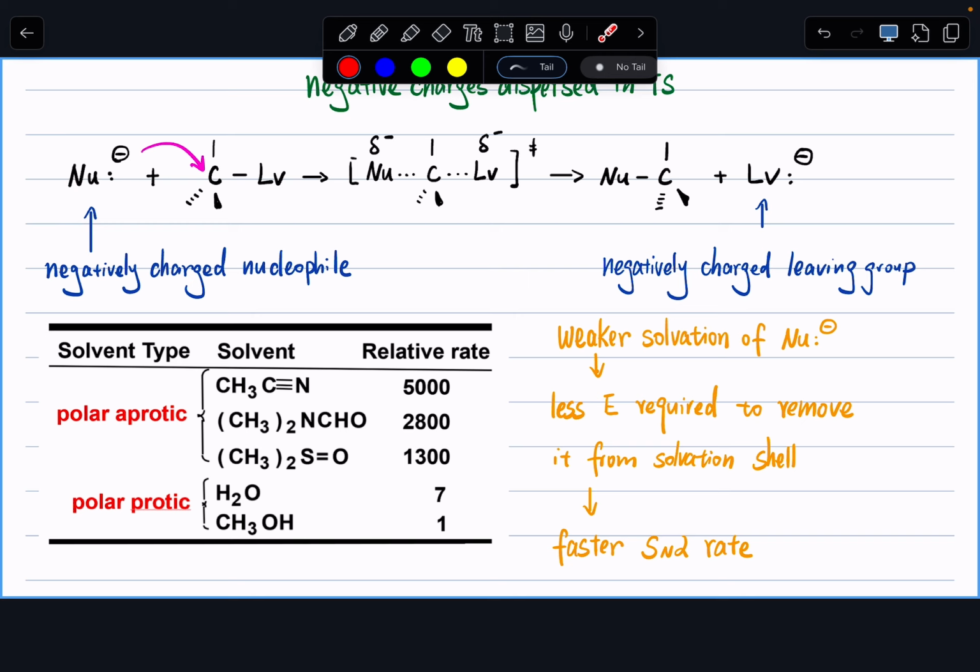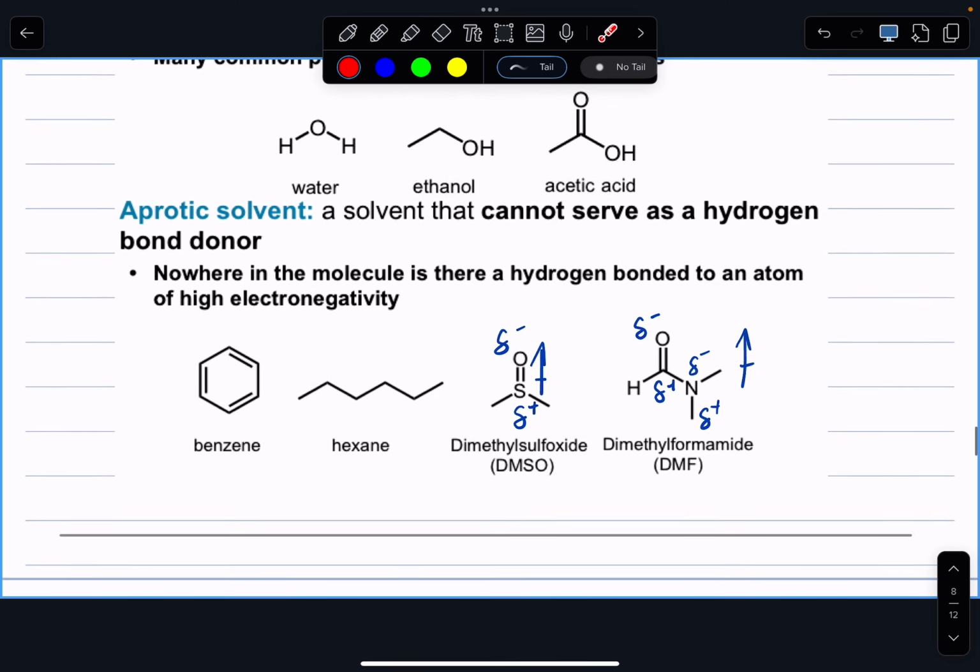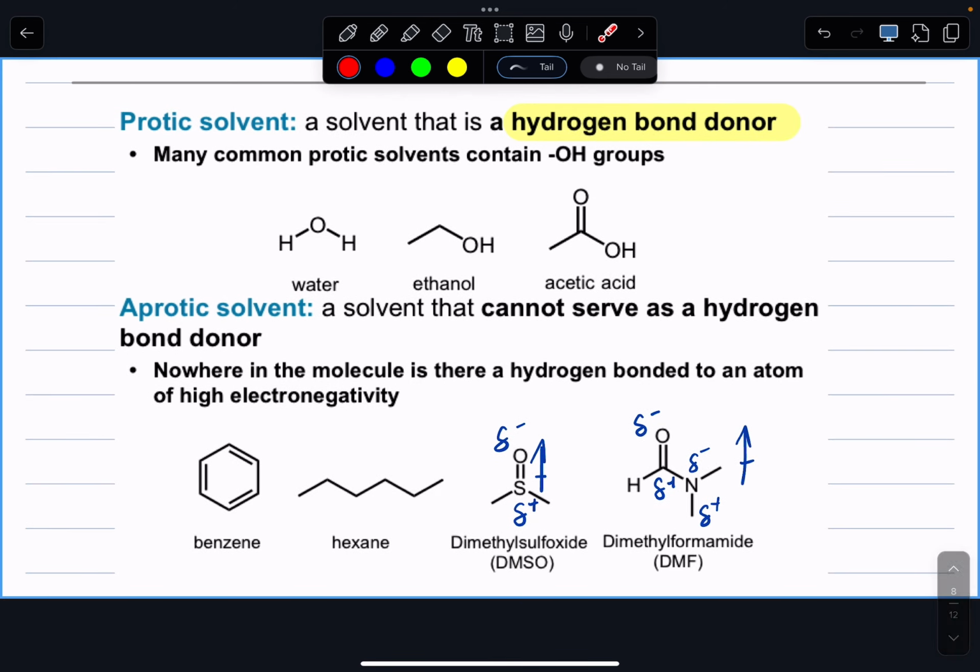Just clarifying, if there is an overall dipole moment, it's always going to be aprotic? What's that? If the solvent has an overall dipole moment, it's always going to be aprotic. Is that what you said? Well, protic and aprotic are two different concepts. Protic and aprotic describes whether or not the solvent can act as a hydrogen bond donor.